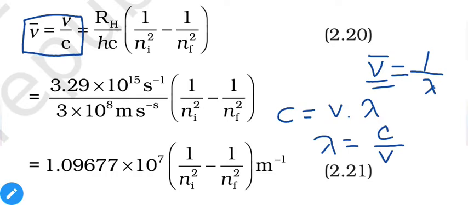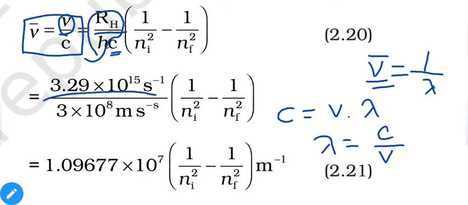That means frequency divided by speed of light, and as mentioned in the previous equation, v is equal to RH upon h into 1 upon Ni square minus 1 upon Nf square, and we have to put the value of c into it. Now the already calculated value of RH upon h is placed.